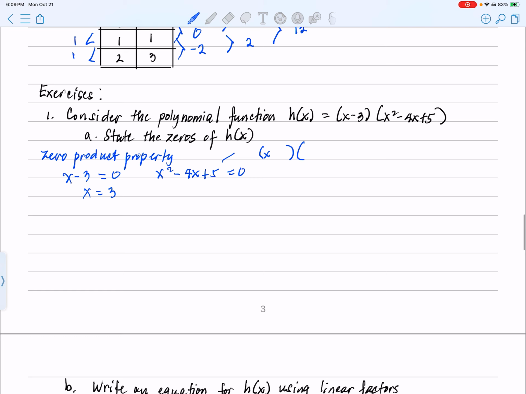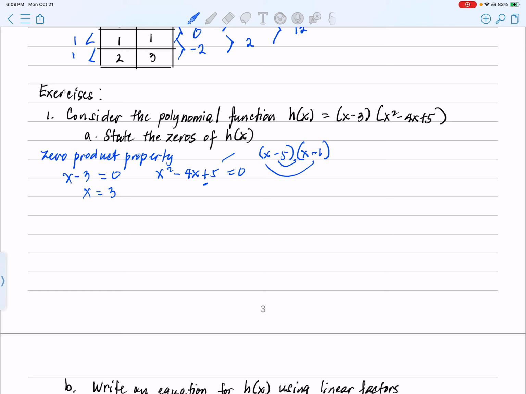Take note the last term is positive, so both signs should be negative, because a negative times a negative comes out positive.